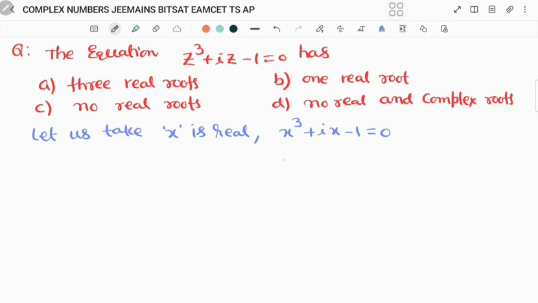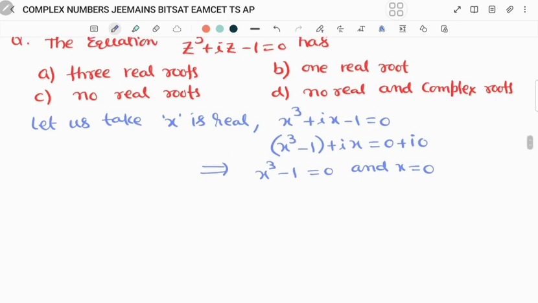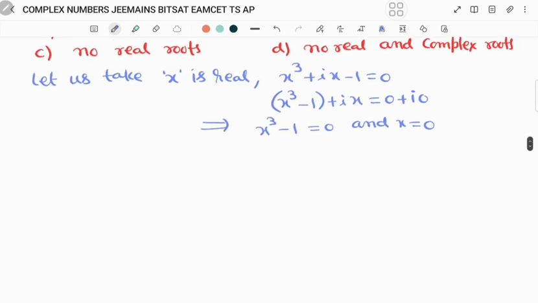So we can write it like this, no? x cube minus 1 plus i into x equal to 0 plus i into 0. So that implies that x cube minus 1 equal to 0 and x is equal to 0. Imaginary parts and real parts we equated, dear students.